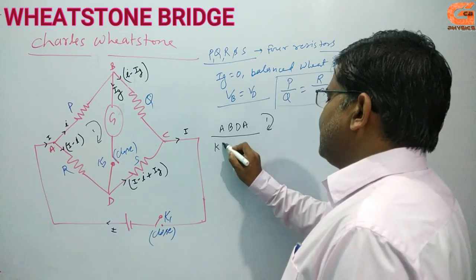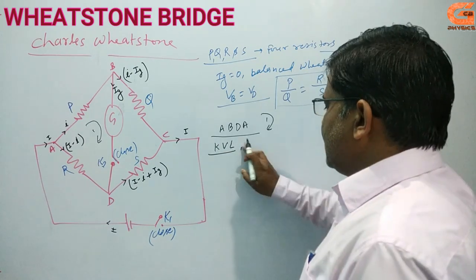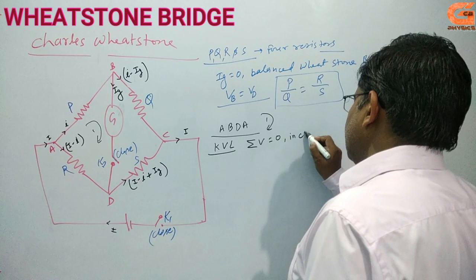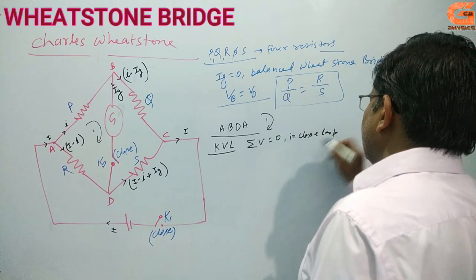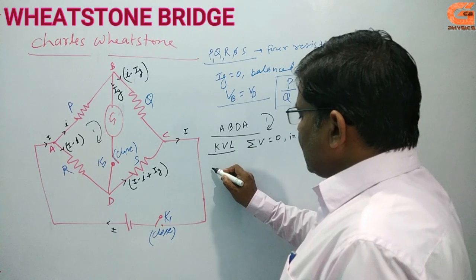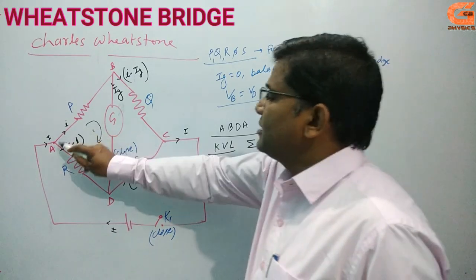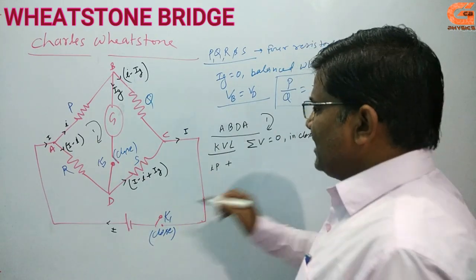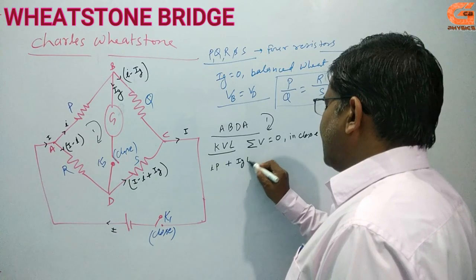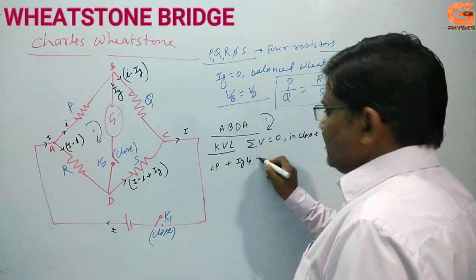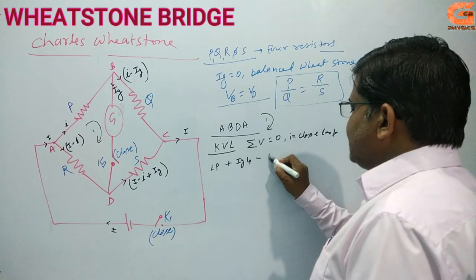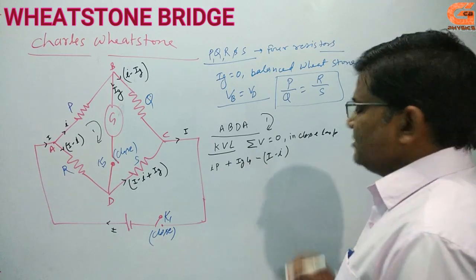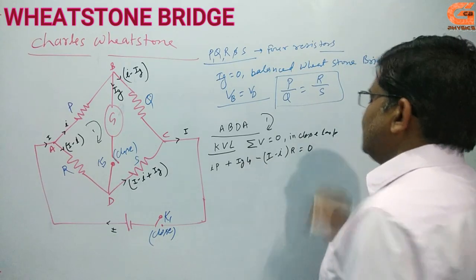From the principle of KVL, Kirchhoff's potential law, according to this law, the summation of V is 0 in a closed loop. This one is I into P between A and B, and between B and D it is Ig into capital G, and between D and A it is minus sign because we are going opposite to the current direction, then it is I minus I into R, and this equals 0.